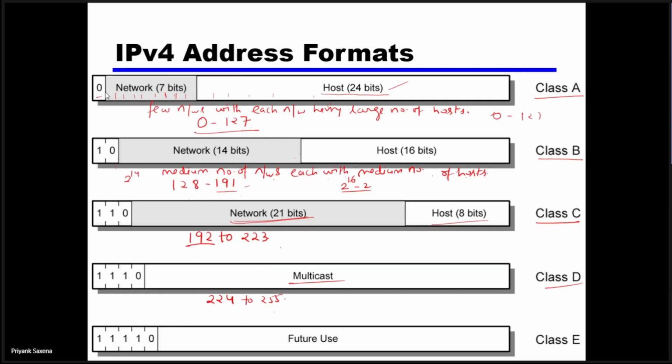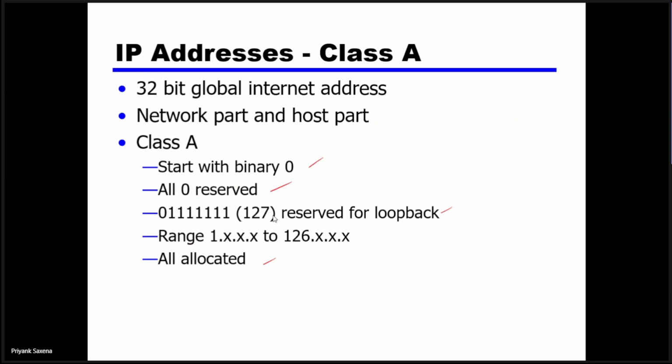And the highest address, with all other bits kept high, is basically used for loopback, or you may say it can be used for broadcasting also. So that is reserved, right? These two addresses will be reserved, so the address range will start from 1 to 126.